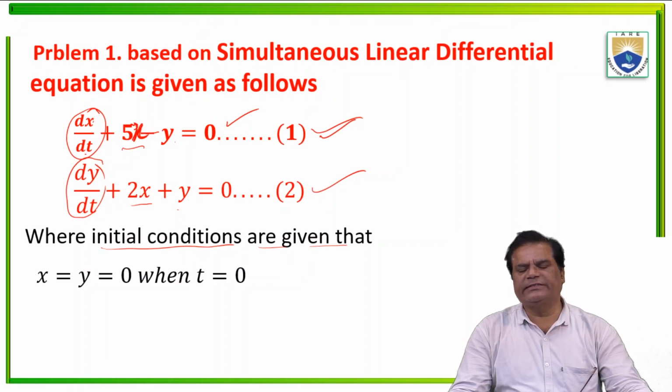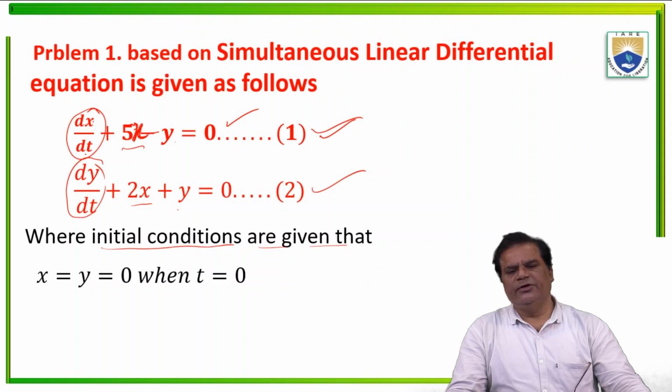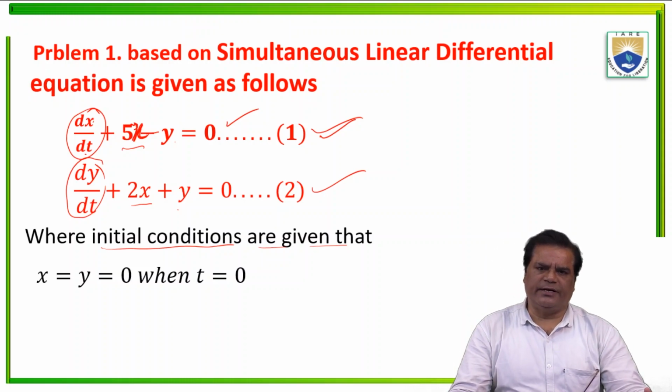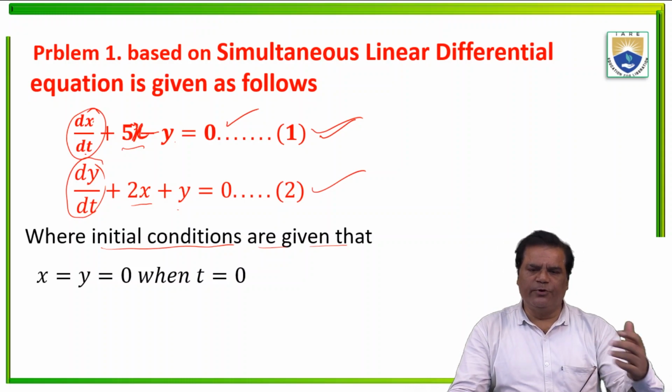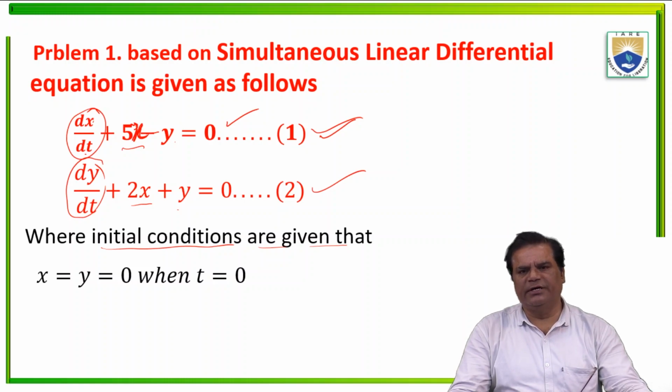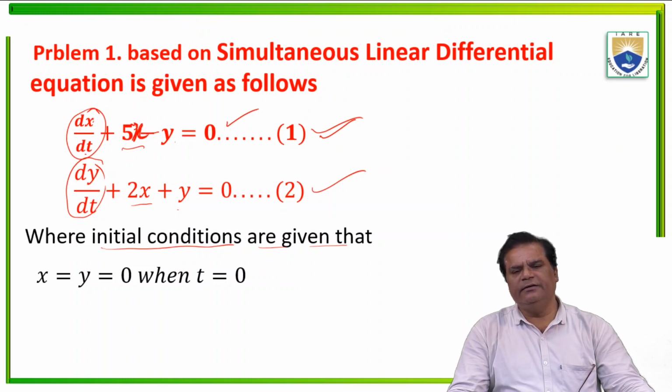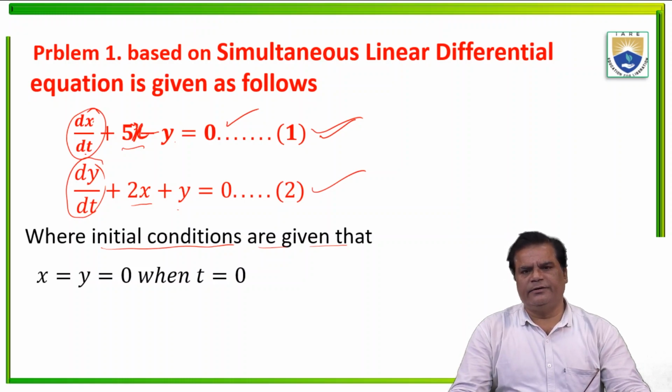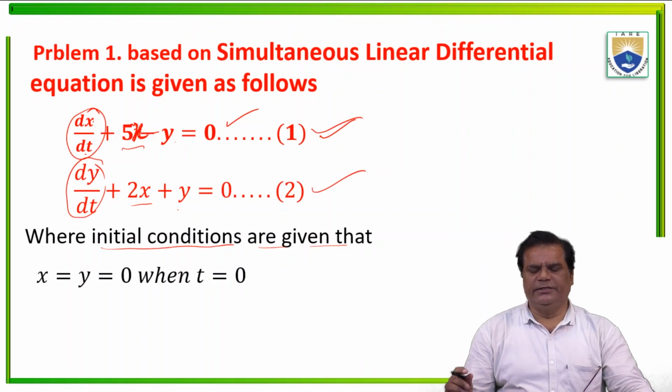After finding x and y, we apply these initial conditions in both solutions. After applying them, we find the value of the constant. Then putting the value of the constant back in our solution for x and y, we find the complete solution. After giving the initial condition, there will be no constant in our solution. Constants are found with the help of initial conditions.